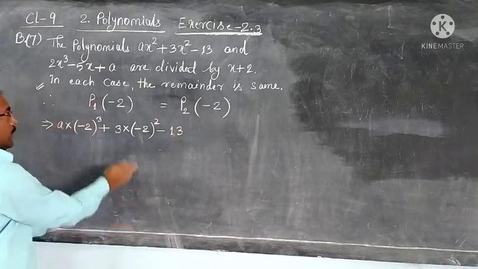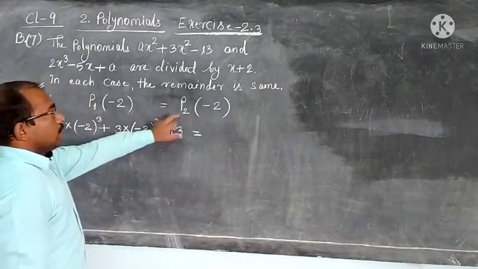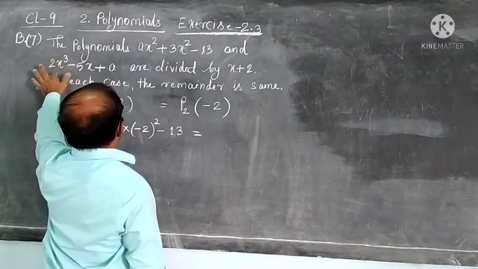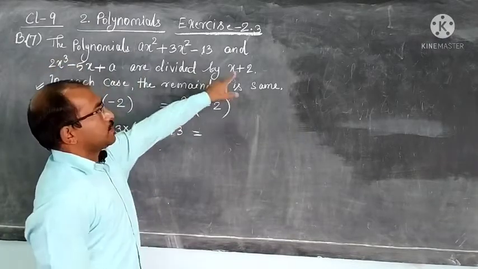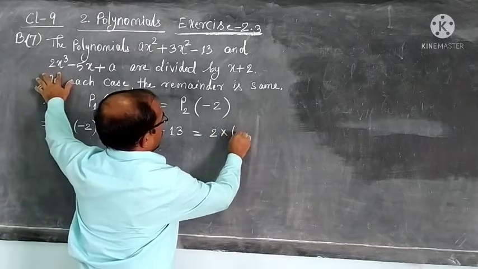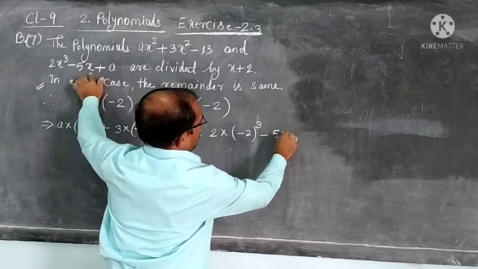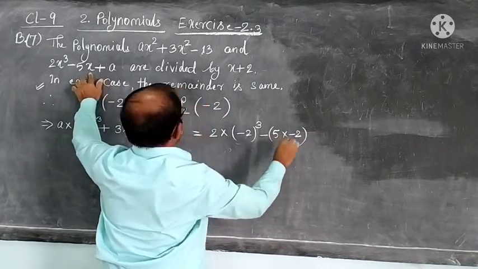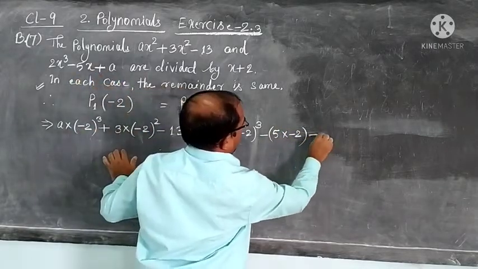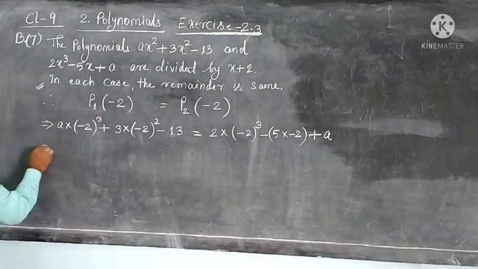This gives the remainder from the first polynomial, equal to the second polynomial, 2x cube minus 5x plus a, which when divided by x plus 2 gives the same remainder. So, 2 into minus 2 cube minus 5 into minus 2 plus a, and we have to find the value of a. We will simplify it.